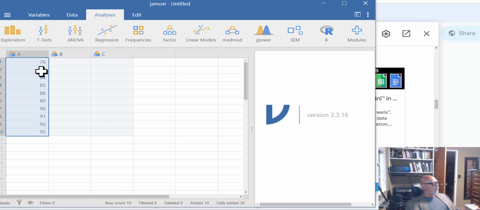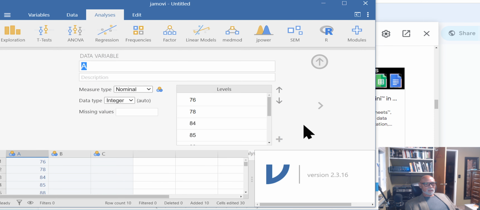The mean is provided for you here, 86.8, and the standard deviation, and you subtract the mean from each one of these values and divide by the standard deviation, and that will give you a standard score. But we can also do that in Jamovi. It allows you to transform the variable. So let's go ahead and do that.